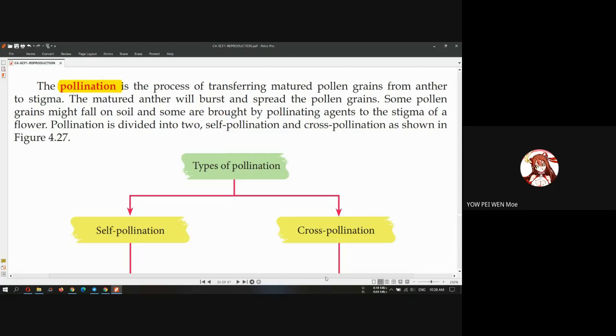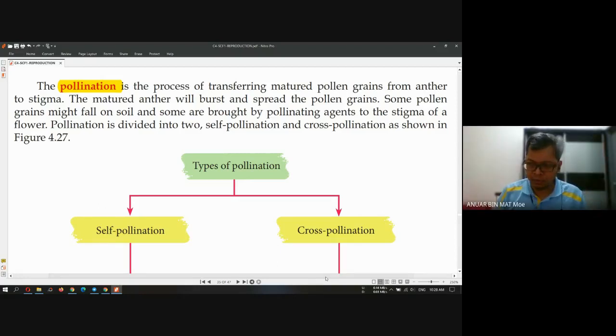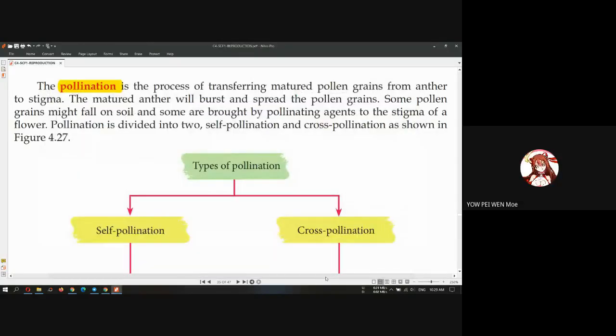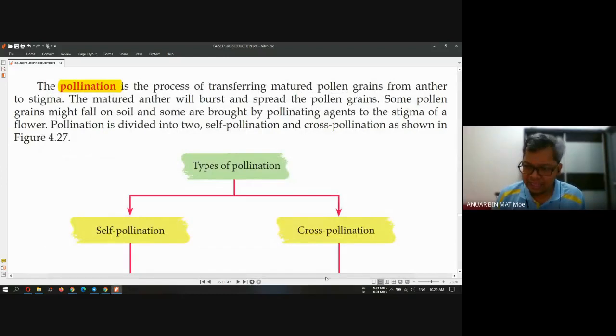Sperm in male and ovum in female. Very good. They are fused together and will become what? Zygote. Yes, will become zygote.